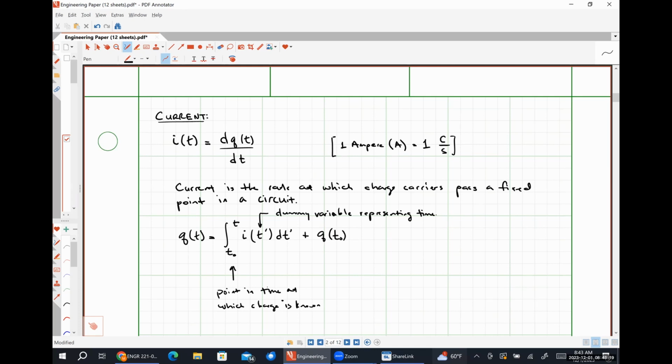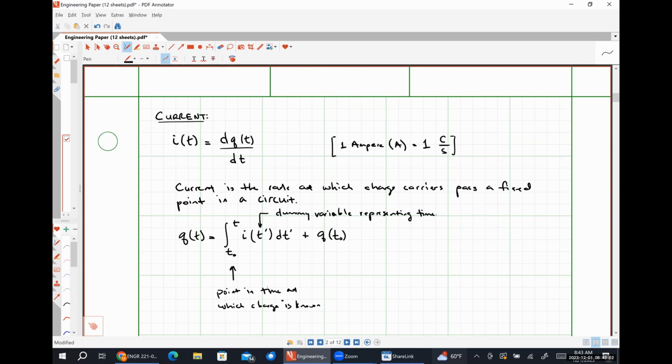Second derivative is d squared with respect to the variable squared, etc. I will never, ever, ever use a prime notation to indicate a derivative in this class. I'm always going to use primes to denote dummy variables and things like that. Okay. So the reason why we need to use a dummy variable here is because t, time, is in our limits of integration, and it would be too confusing to have the same variable show up twice if we were trying to actually perform this calculus.